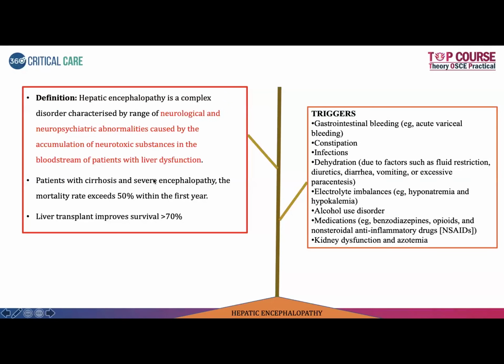Just to break this definition down, there is a hepatic insult and the patient has jaundice, bilirubin elevation and coagulopathy, defined by INR more than 1.5 or a prothrombin activity.